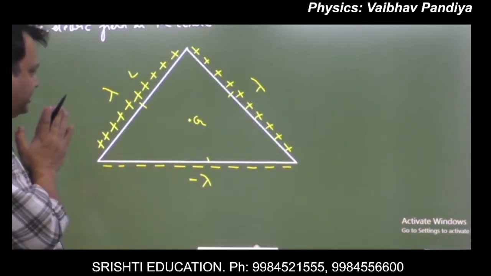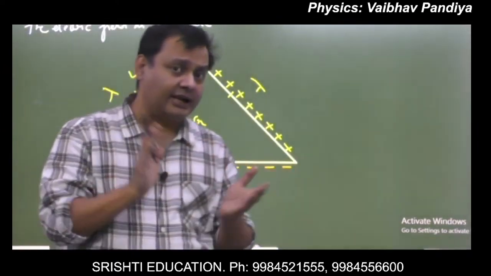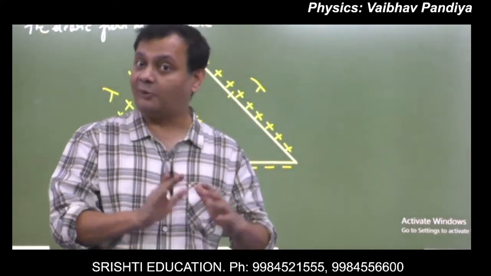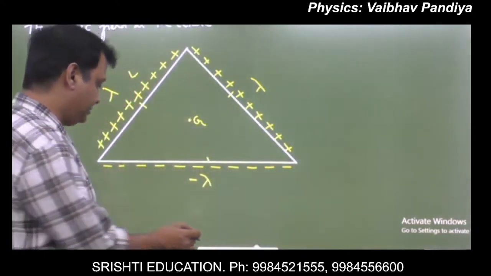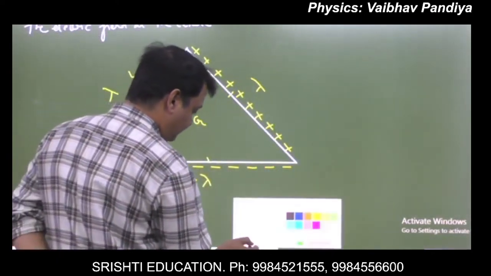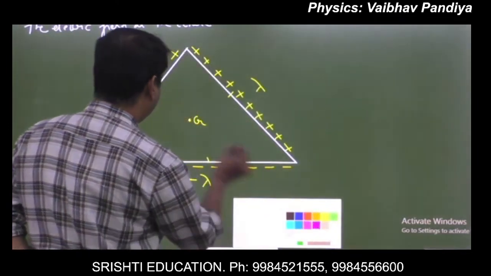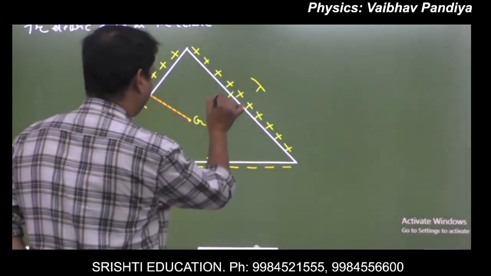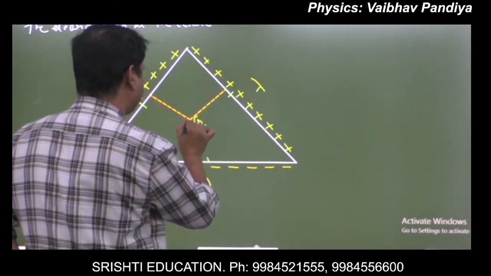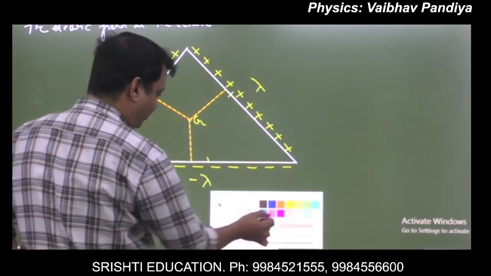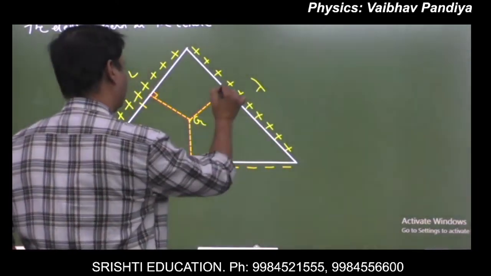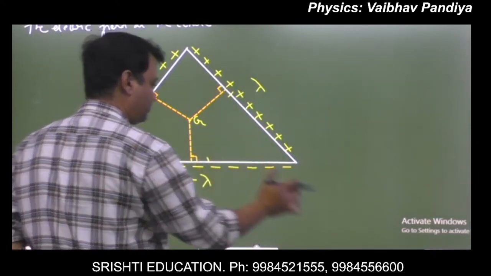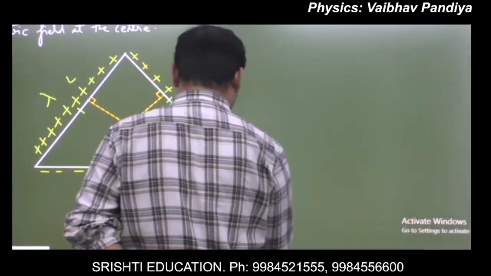Now if you see, the center will lie on the perpendicular bisector of all the 3 rods, correct? The center will lie on the perpendicular bisector of all the 3 rods, number 1. Okay, this is the first property which we can see by basic geometry.